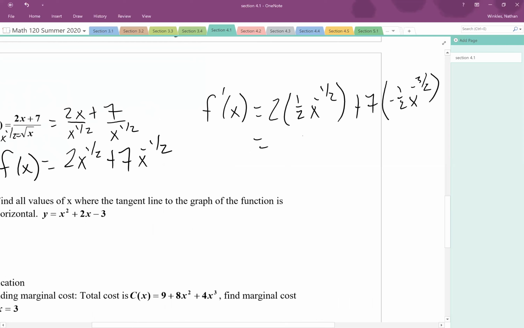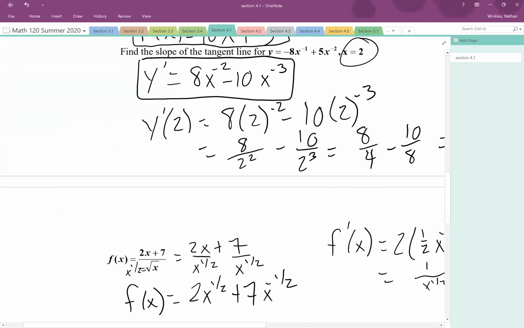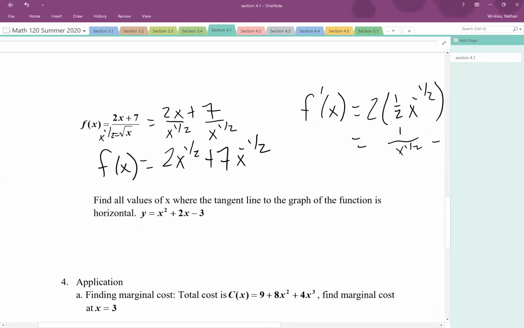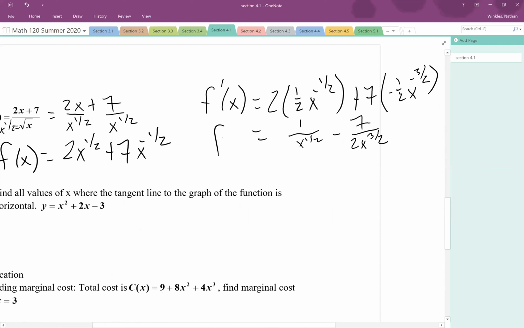So we end up with 1 over x to the 1/2 minus 7 over 2x to the 3/2. This one didn't tell us to find anything specific because we didn't have an x value given. So therefore, this would be my f prime of x that we were looking for.